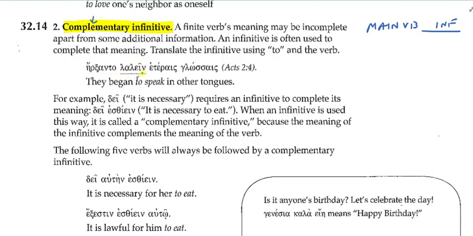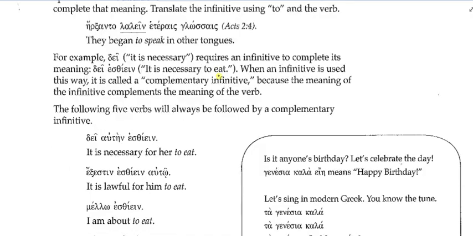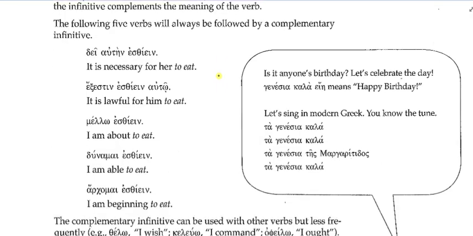They began to what? They began to speak. Heterais glossais, in other tongues or languages. So you get a series of different sorts of expressions given by Mounce here that are followed by complementary infinitives.